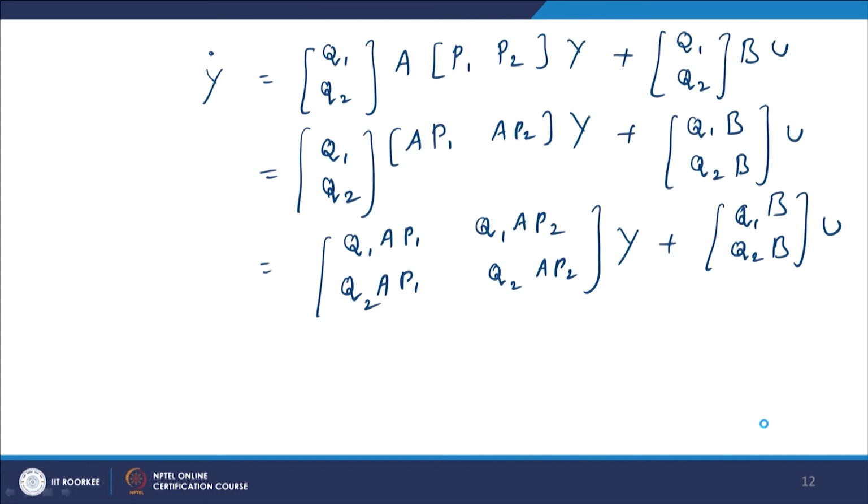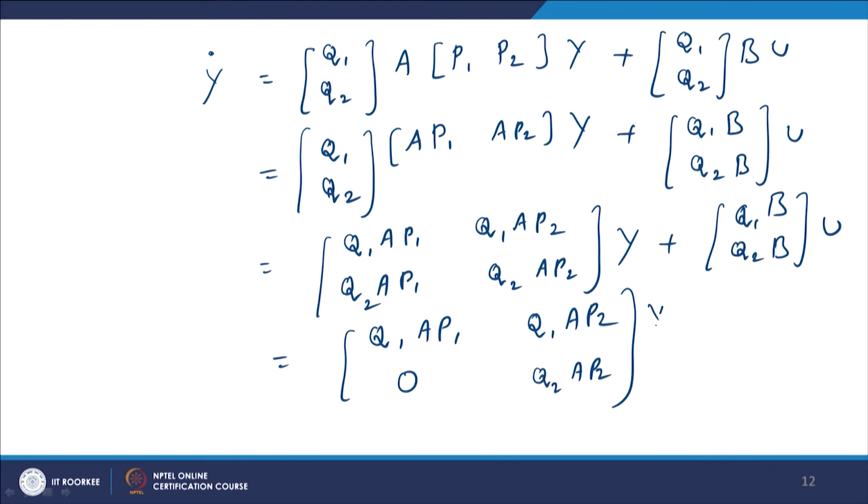So, we can easily get this expression: Q1 AP1 and Q1 AP2, but here Q2 is orthogonal to all the columns of U. So, AP1, AP2, all of them are columns of U. So, this will be the 0 block, and here it is Q2 AP2 multiplied by y, and here it is Q1 B, but Q2 into B is 0, 0 block by the previous one.